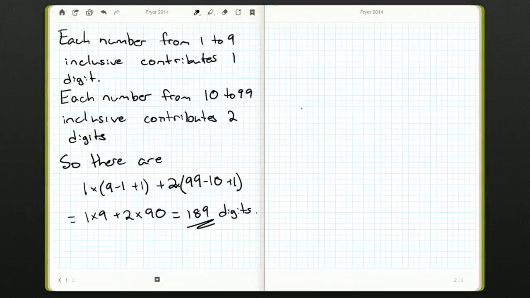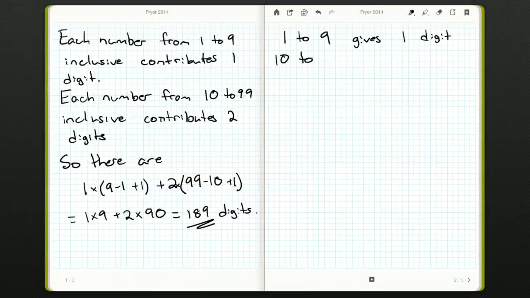Well, in the same sort of scenario, the numbers 10 to 99 each give us 2 digits, and then we get into the 3-digit numbers.